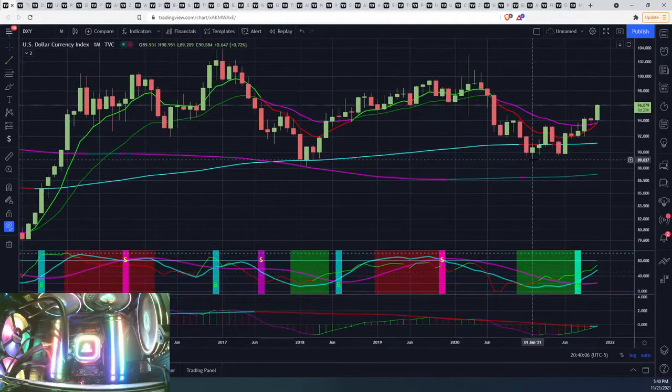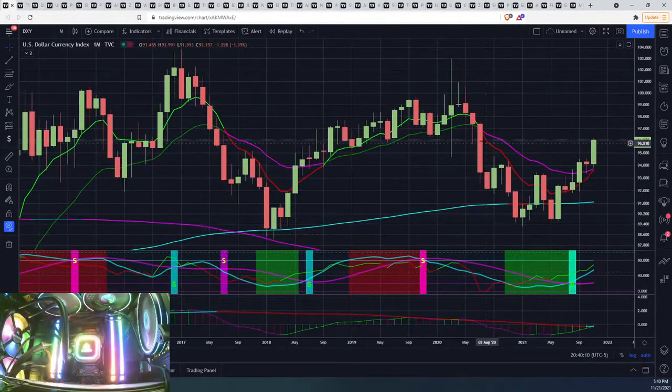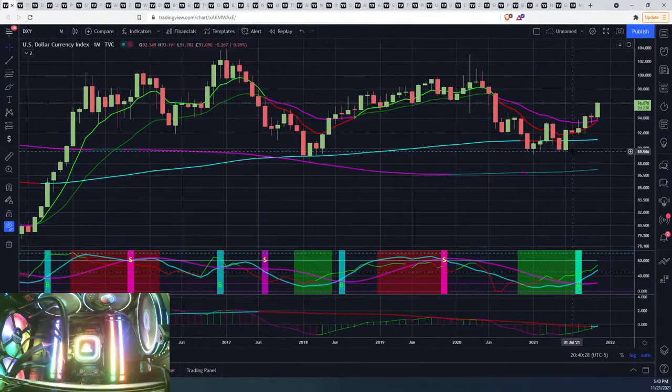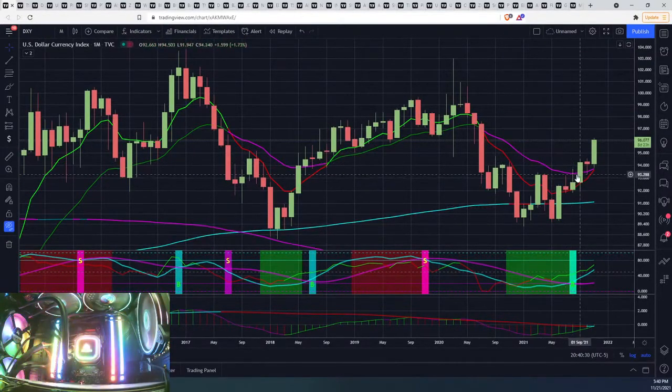So why is the dollar strong right here when bonds, why is the dollar strong basically while the stock market is strong? Well, this isn't actually the dollar compared to the stock market. The dollar is not doing well in comparison to speculative assets. It is doing well compared to other currencies. So that's the most important thing to pay attention to here: this dollar can go parabolic while other currencies are crashing, while asset prices are also going parabolic.